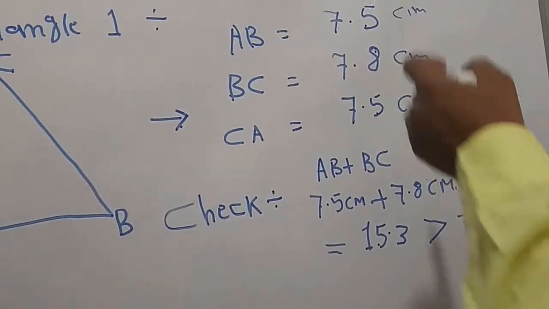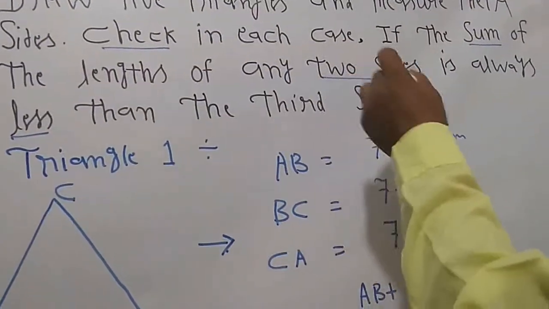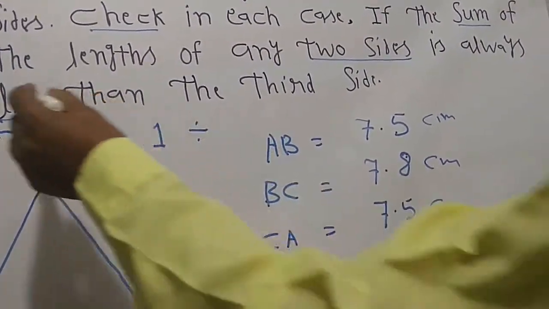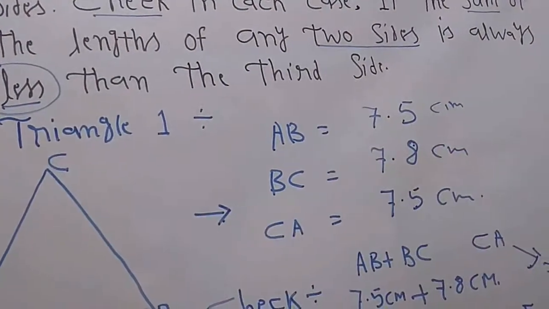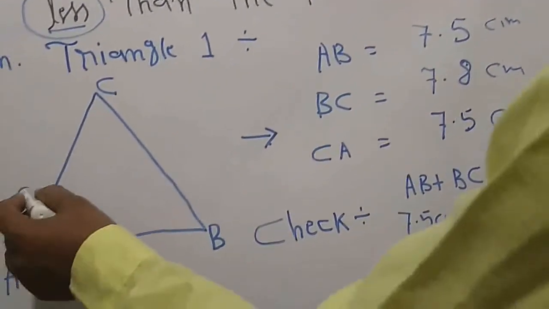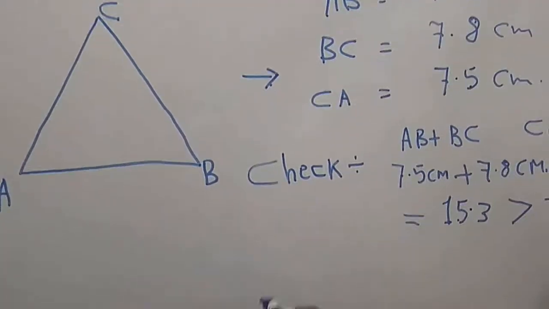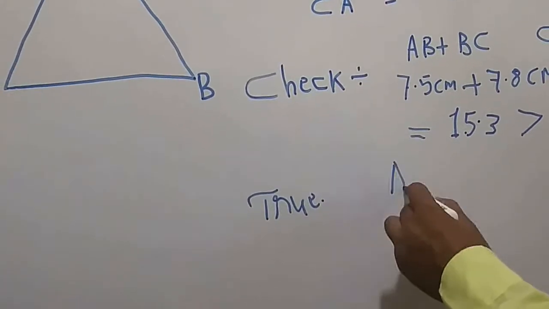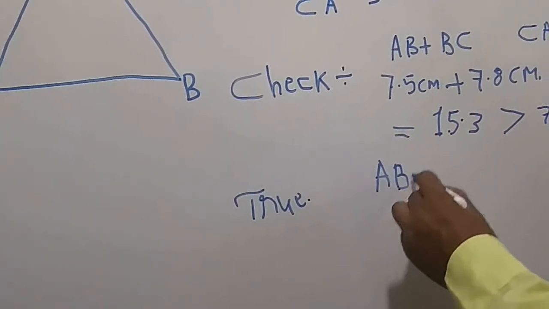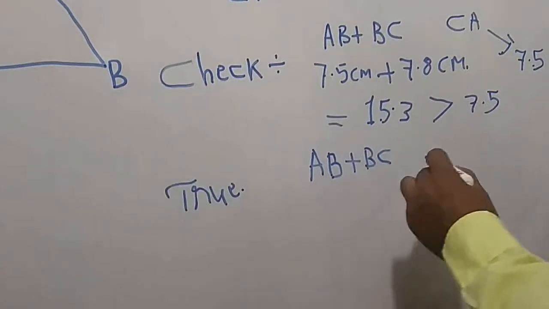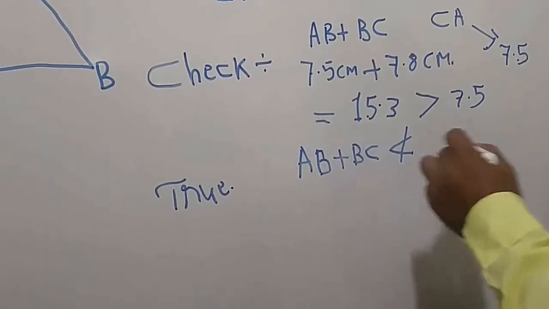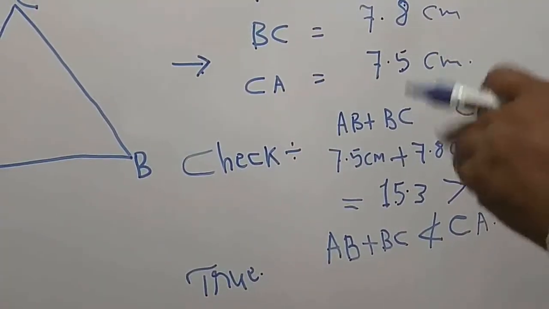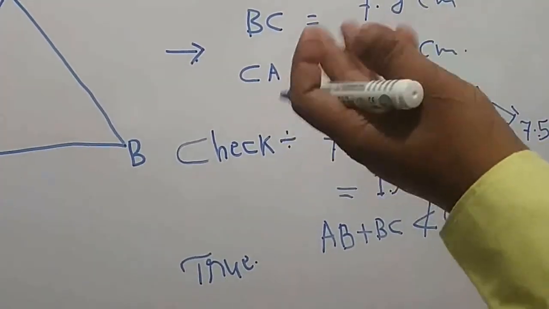What is the meaning of this? The sum of the lengths of any two sides is greater than the third side, but the question is asking for less. So in this case it is not true. The true statement is: AB plus BC is not less than CA. Same conditions we check for the next 4 triangles.